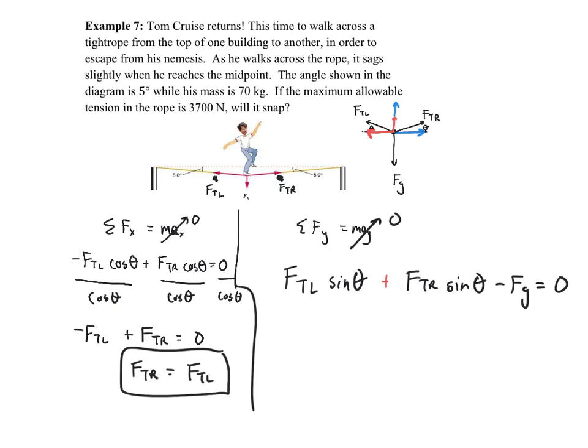So since the tension on the right is equal to the tension on the left, let's replace both of those variables with simply FT, because they're identical. And that gives us only one unknown now. And I'm going to replace FG with MG, as we always should. Tension is the only thing unknown in this problem, and it appears twice. That's okay. I have FT sine theta plus FT sine theta, so that's just 2 FT sine theta here.